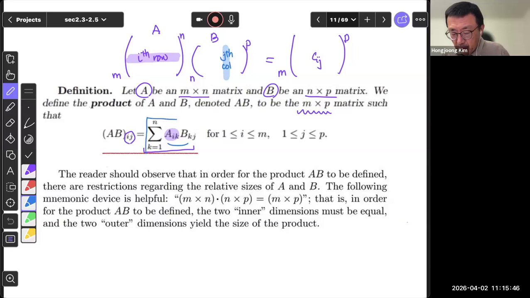The final result will go to the ith row and jth column. So that's how we define the product of two matrices, and that will be called the product of A and B. And then we will simply use this notation. Okay.